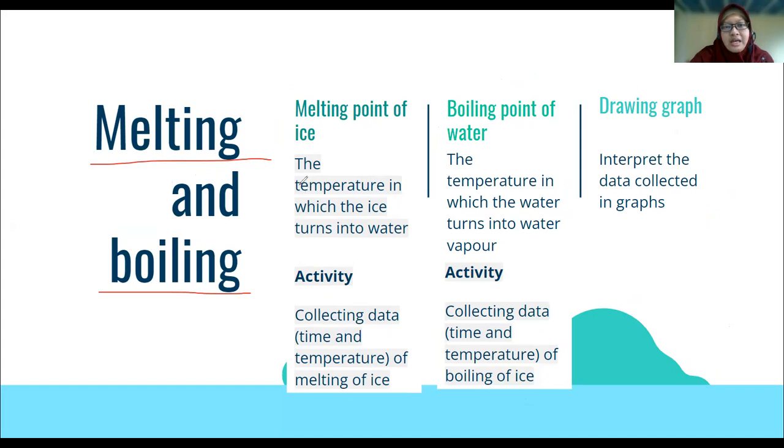Something that ends with point refers in this topic to the temperature. So it is the temperature at which the ice turns into water. Melting is meleleh. It means solid to liquid, or ice turns into water.